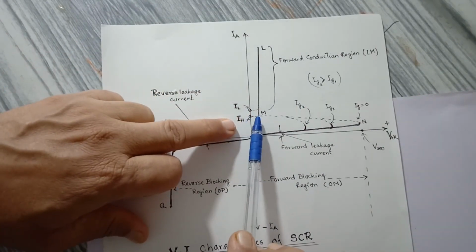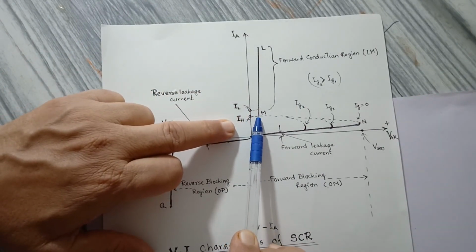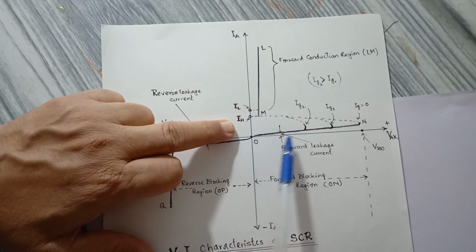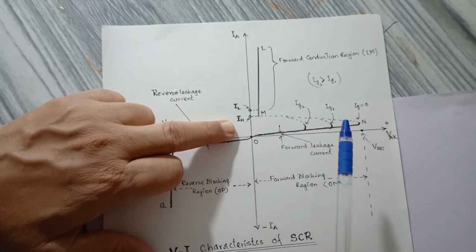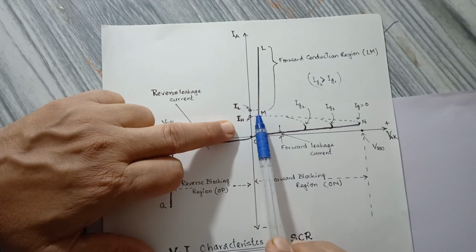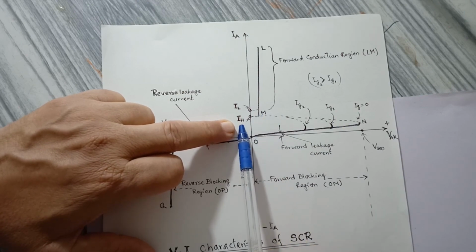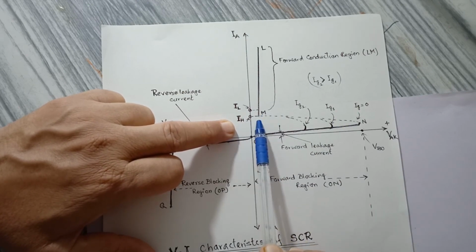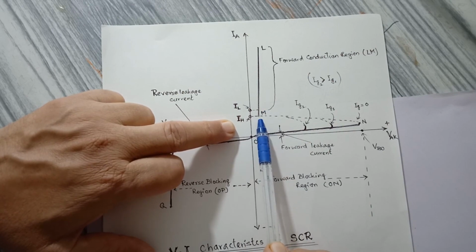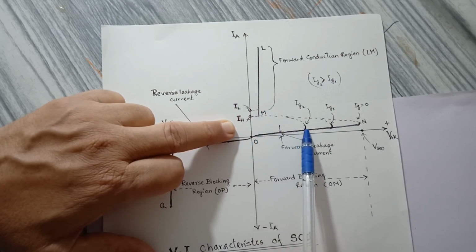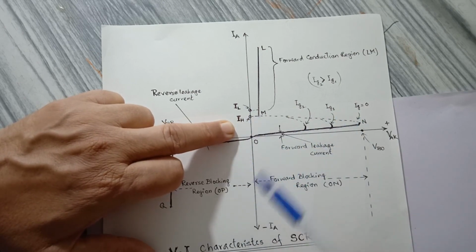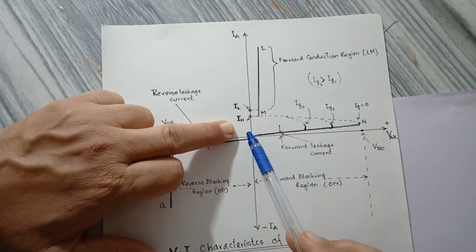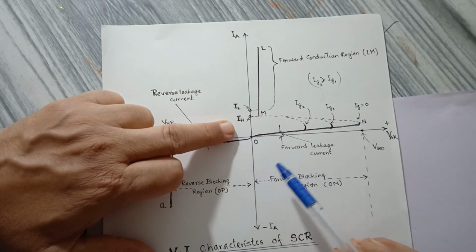But when you reach a particular minimum level, the SCR suddenly turns off, meaning the SCR requires a minimum anode current to hold it in the on state, and that anode current is called the holding current. So holding current is the minimum anode current required to hold the SCR in the on state. And note that the latching current is associated with turn on of the SCR, and holding current is associated with the turn off of the SCR.